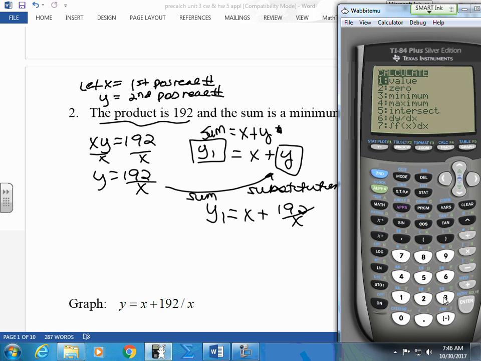From here, you can find your minimum. Make sure you use a minimum, not a trace. So you're going to go to the left of it, and you're going to go to the right of it, before it bounces over. You want this minimum. How many decimal places do we use? 3. Okay, so here's my minimum.